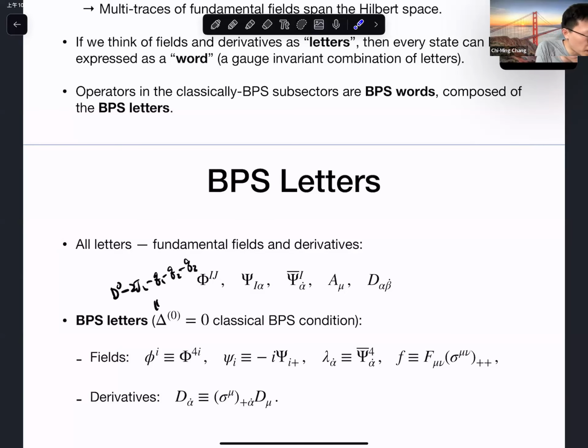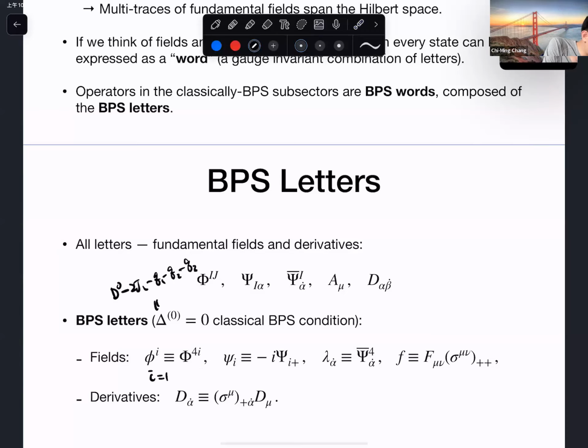The only fields remaining are 3 scalars, where I runs from 1, 2, 3, 3 fermions psi, and another 2 fermions lambda, and the self-dual field strength with plus component, and also 2 covariant derivatives, where alpha dot can take plus or minus value. Okay.